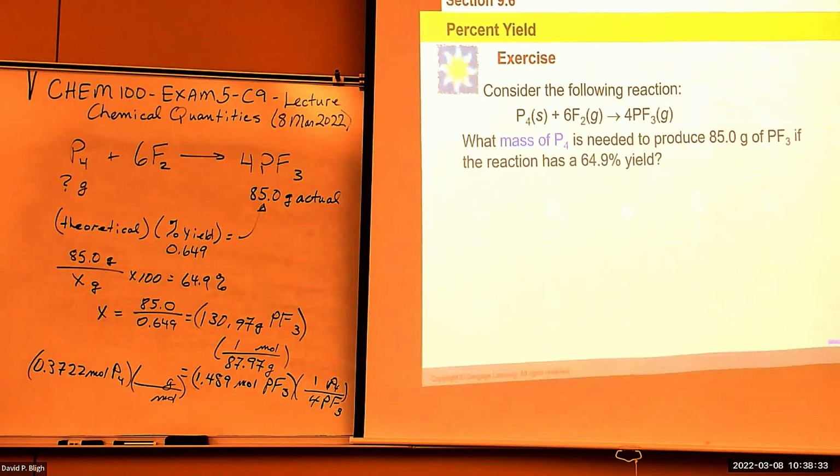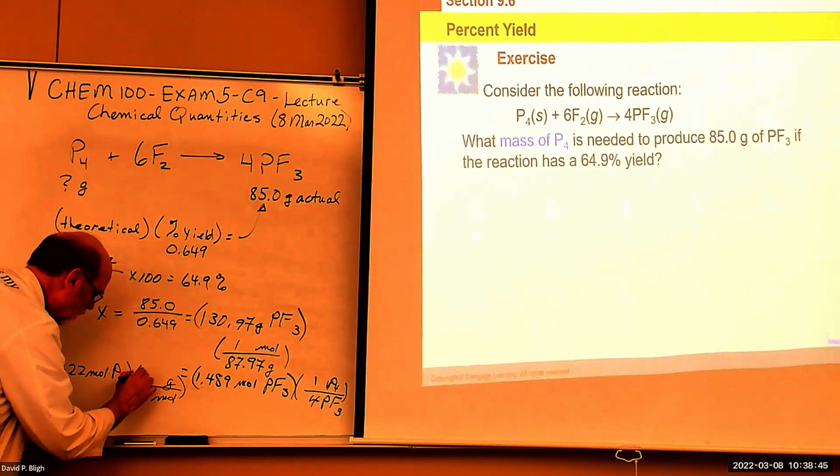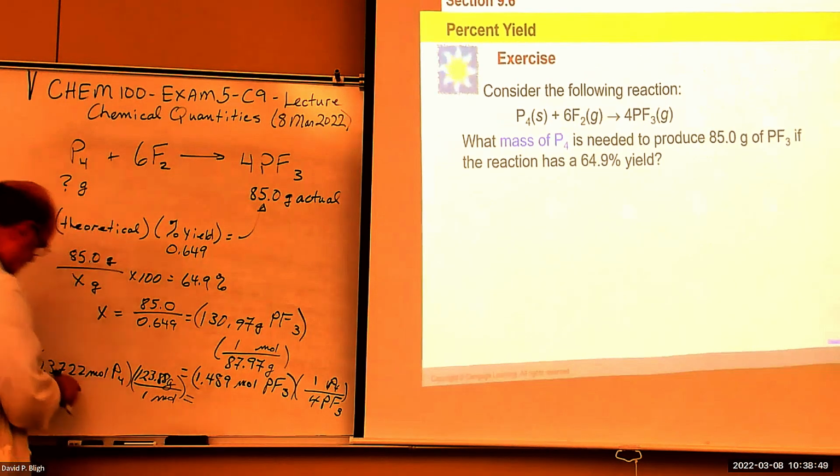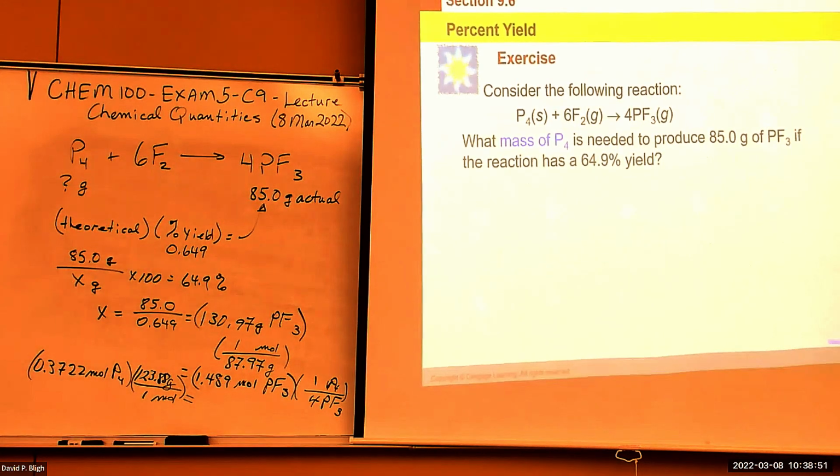So we got to take phosphorus at 30.97 times 4. That's 123.88. 123.88 times 0.3722.